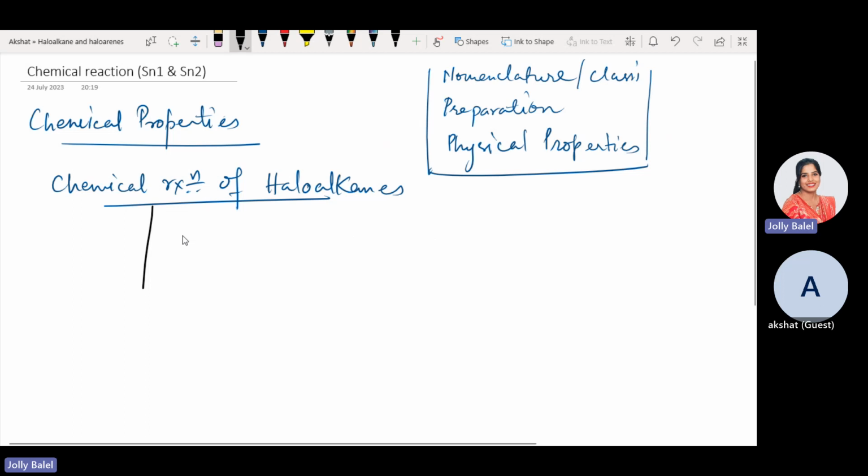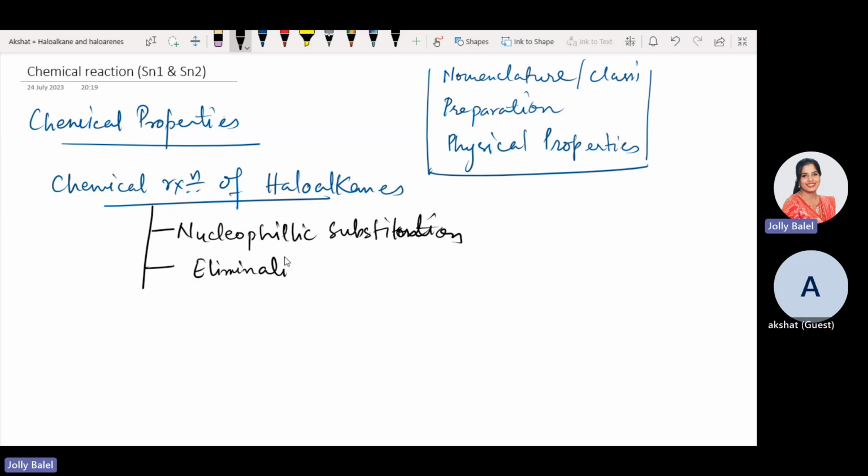Chemical reactions of haloalkanes are broadly classified as first nucleophilic substitution, which needs more focus, then elimination, then reaction with metal.